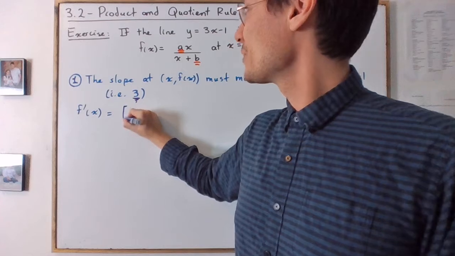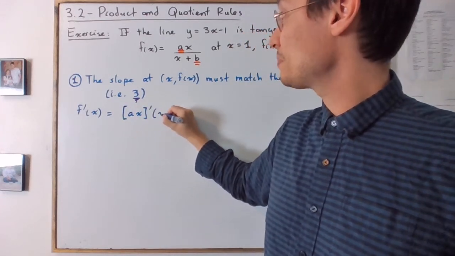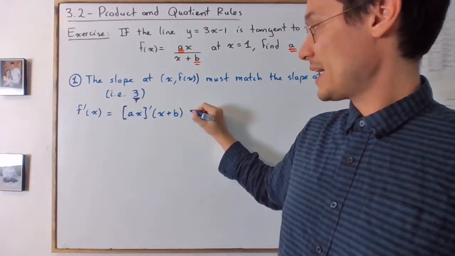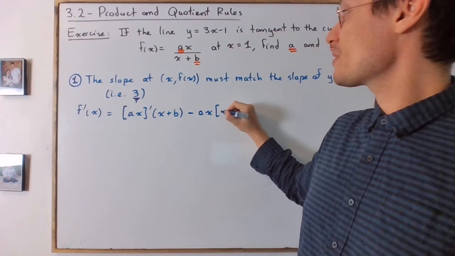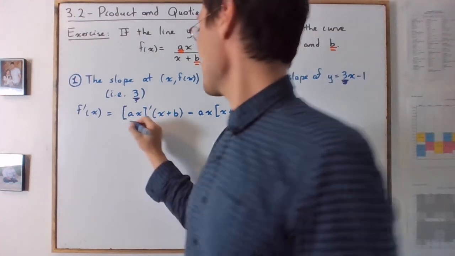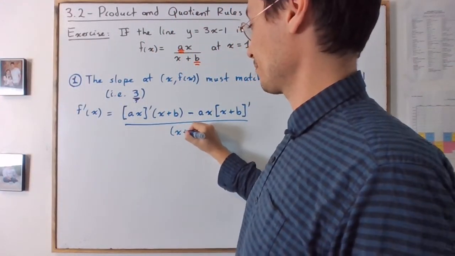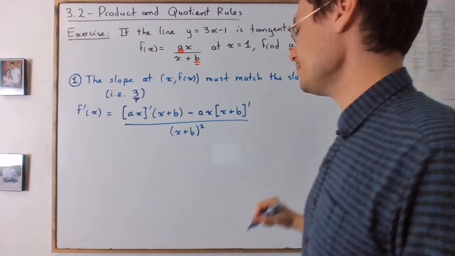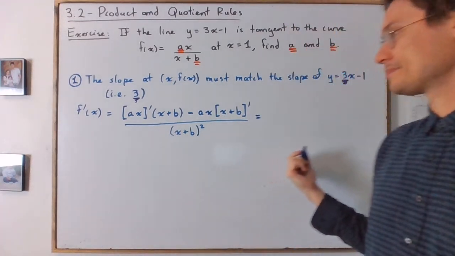So the quotient rule: you take the derivative of the top, multiply by the bottom, minus the top times the derivative of the bottom, and divided by the bottom squared. That's how you write the quotient rule.